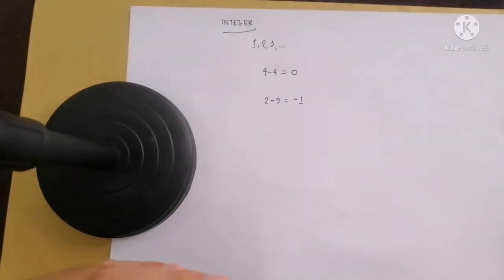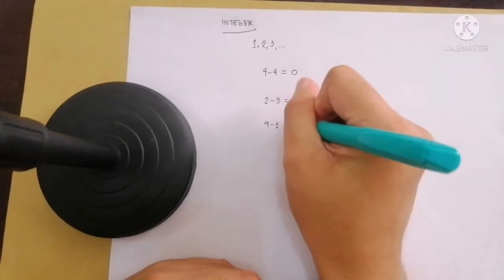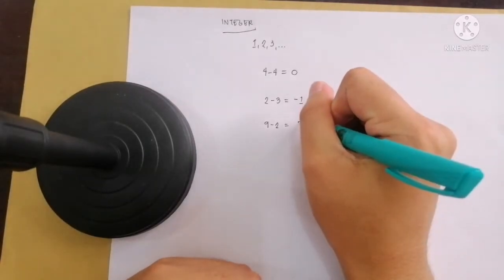If a smaller number is subtracted from a larger number, say for example, 9 minus 2, the resulting number is a positive number, and that is positive 7.